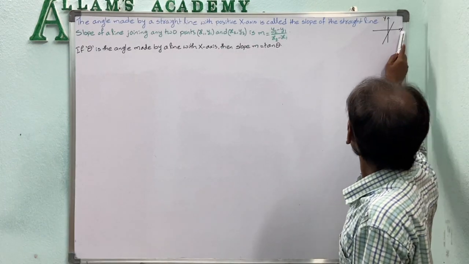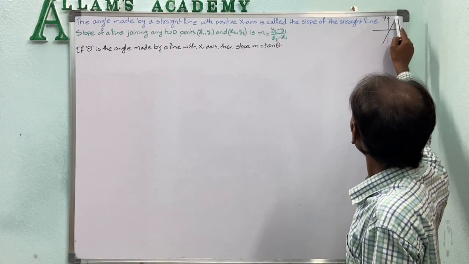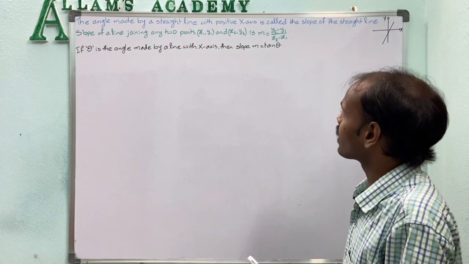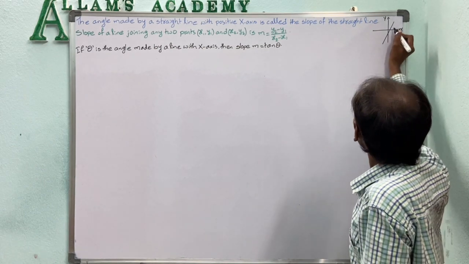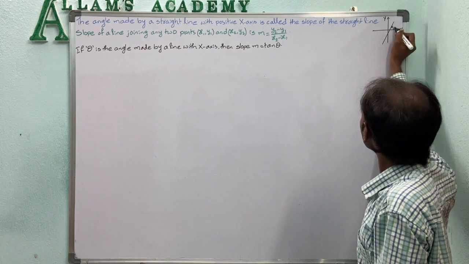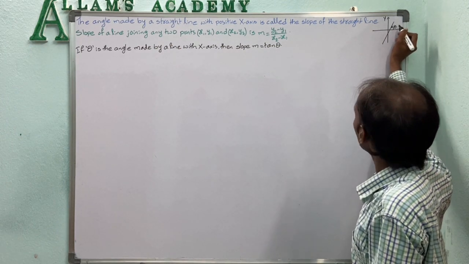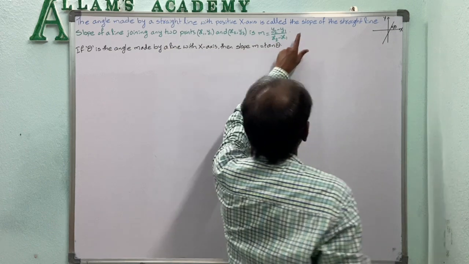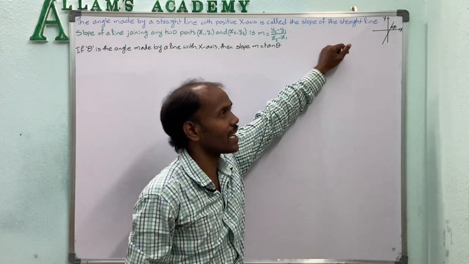So on the coordinate plane, the xy axis, a straight line is drawn. Now that straight line makes an angle with the x axis in the positive direction. How much is that? That is called the slope of a straight line.